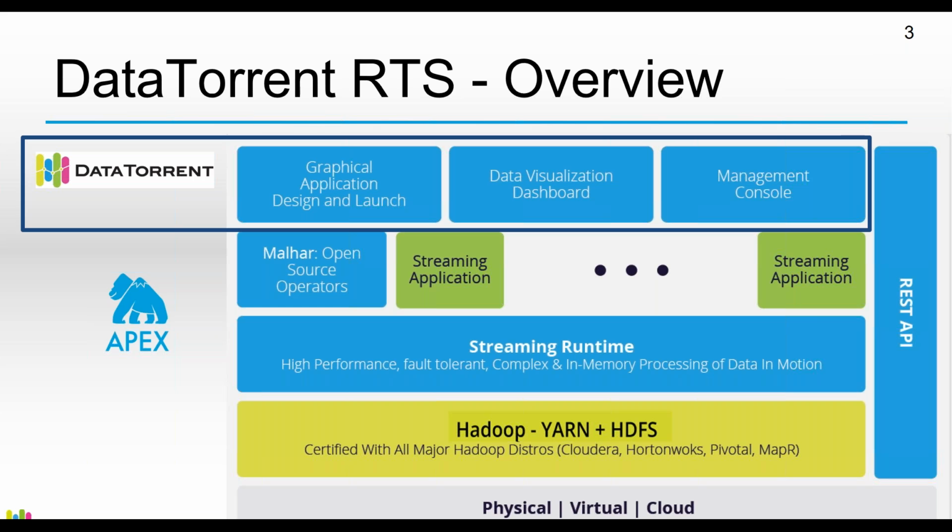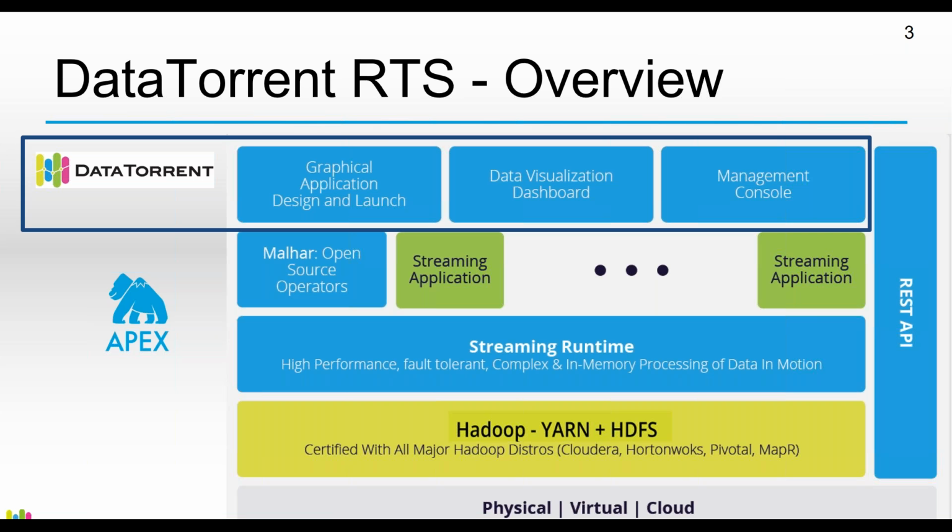On top of this is the other layer, which is Apache Malhar. It's basically a list of what we call operators, logical functions of any business logic that you could apply in an application. So things such as reading data from different sources such as HDFS or a JDBC input store or any other file system that you could think of, or an API or a socket, and then applying other kinds of processing to it.